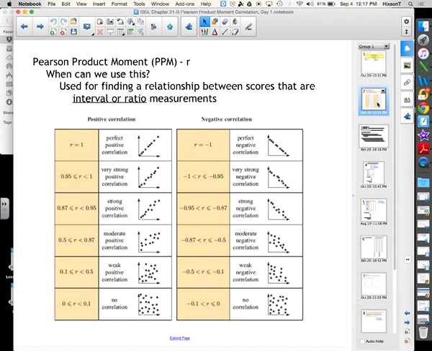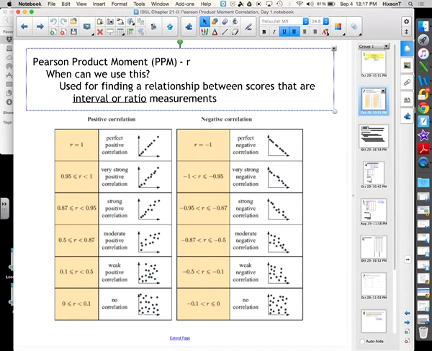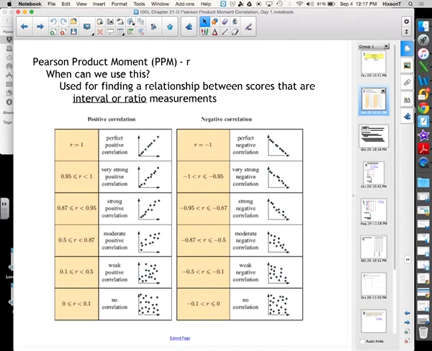You have your friends rank their subjects, from easiest to hardest, and you're trying to find a correlation with how hard a class is. You're having them rank them, that's ordinal data. You can't use this. So you have to be careful that you're using either interval data or ratio data when you're doing this.